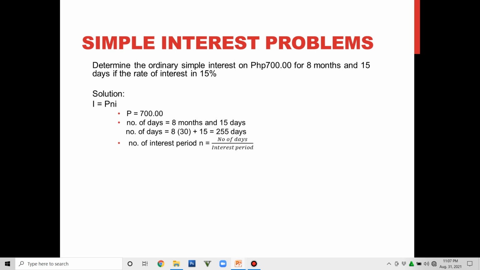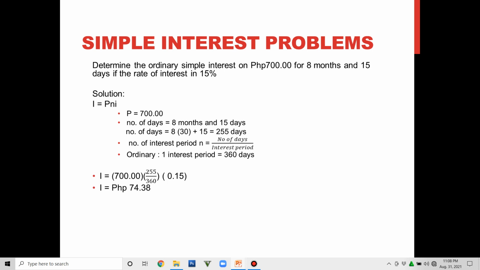So the number of interest period will be the ordinary interest period, which consists of 12 times 30, that is 360 days. With that, we will just simply substitute the principal, 700 pesos, the number of interest period N, 255 over 360, times the interest rate of 0.15 or 15%.